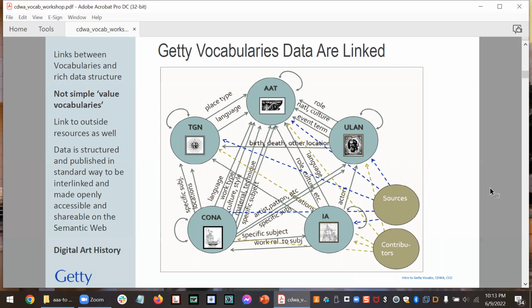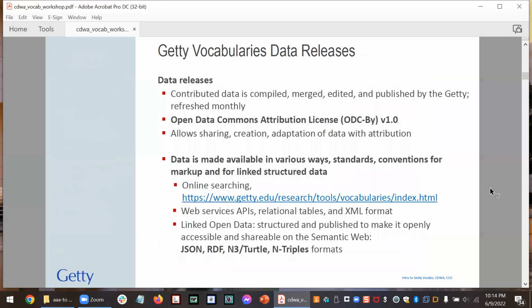They're not simple value vocabularies. And also from here, we link to outside resources as well. The data is structured and published in a standard way, so it can be more interlinked and made openly accessible and shareable on the semantic web. They're excellent resources for digital art history and traditional art history as well.